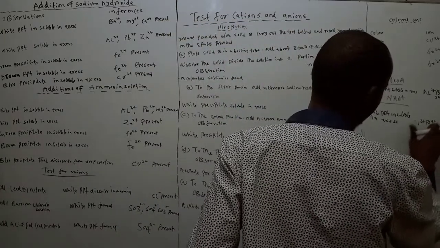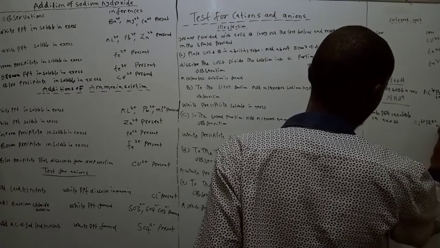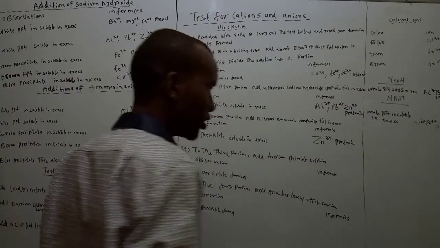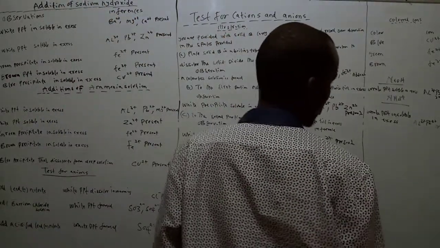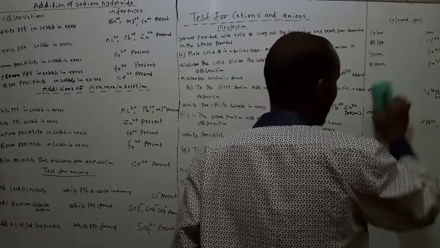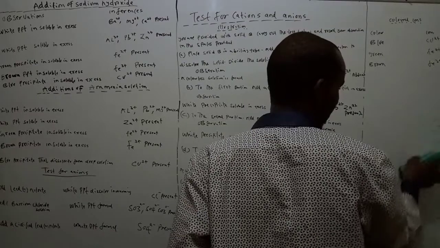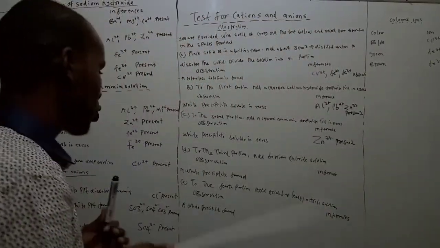You only say aluminium and lead present. That's the trick the examiner sometimes uses. You may find a student introducing a new cation which was not in the first case. That was, by the way, just an illustration. Now let's continue with our question.